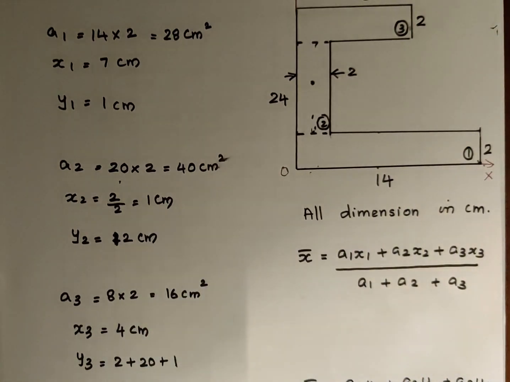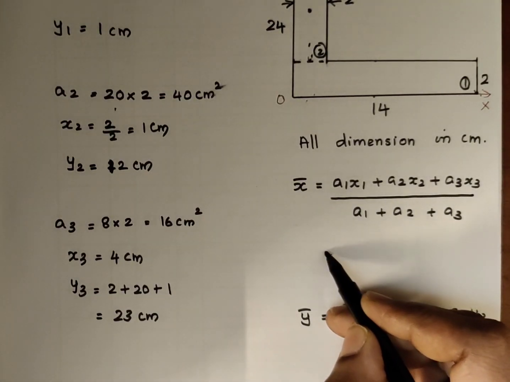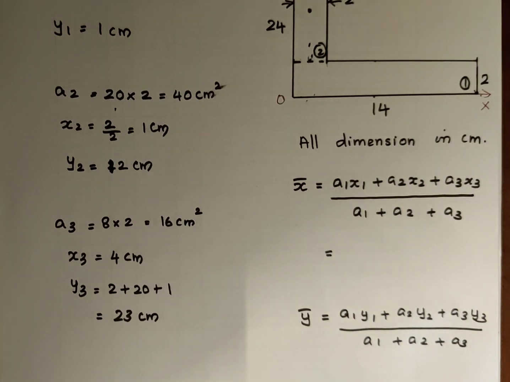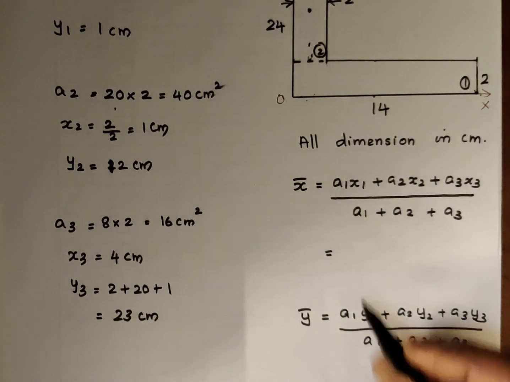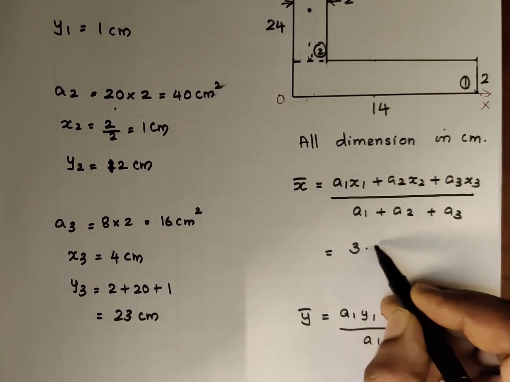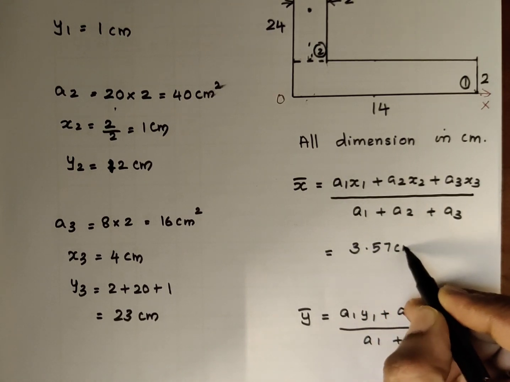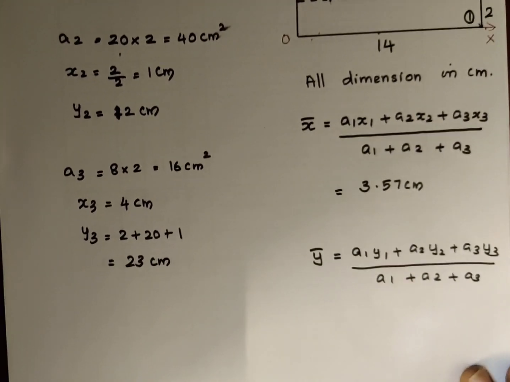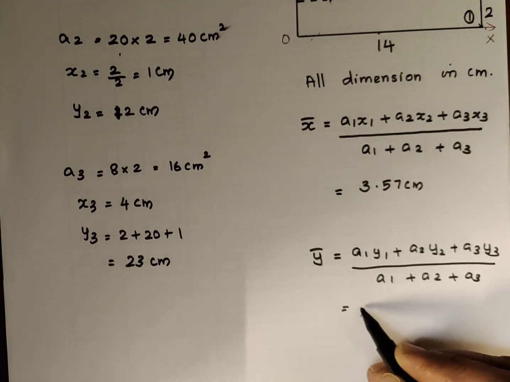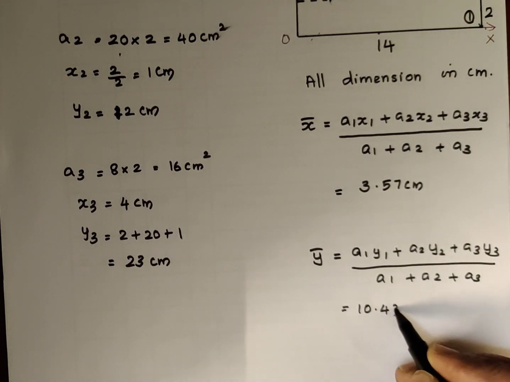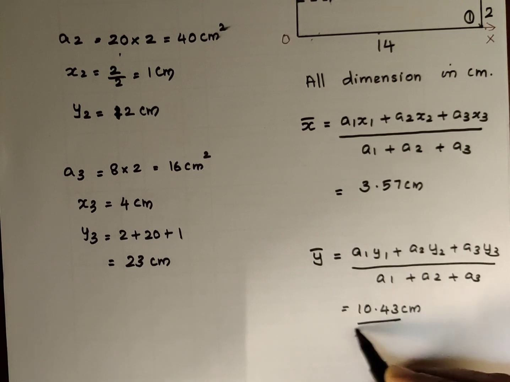So it is 12. So after substituting all the values in this equation, you will get x coordinate is equal to 3.57 centimeter and y coordinate is equal to 10.43 centimeter.